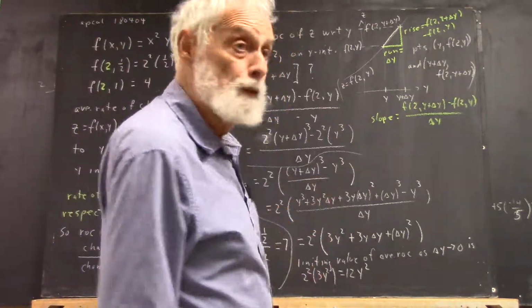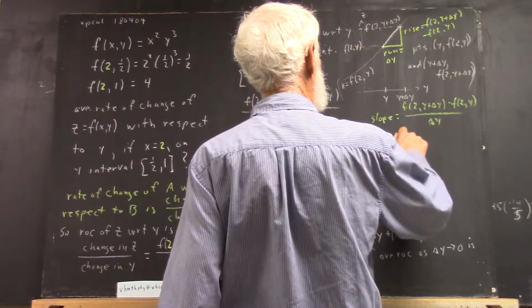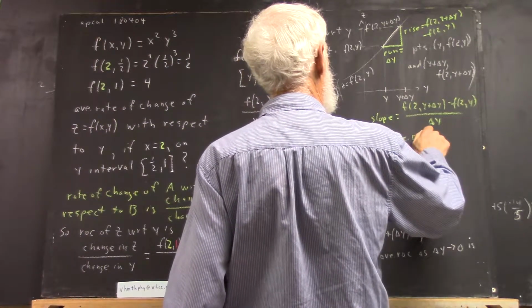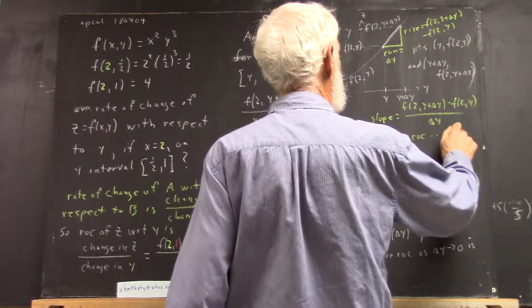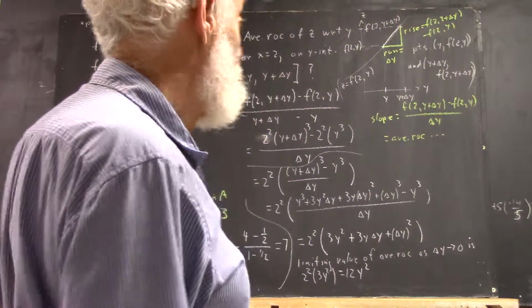Which is just the average rate of change. There's more, average rate of change of f of x, y, or z with respect to y, okay? On this interval.